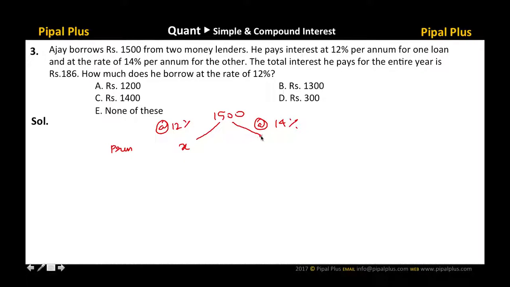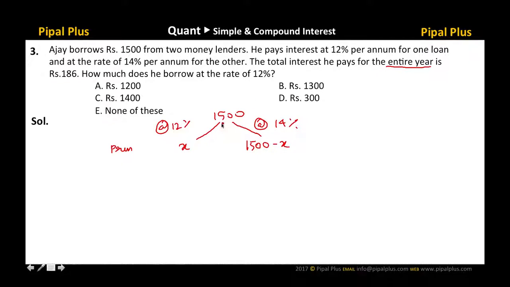The second part is borrowed at 14%. Because this part is X, and both these parts must add up to 1500, the second part becomes 1500 minus X, right? Now the time duration really is 1 year, right? It says entire year.